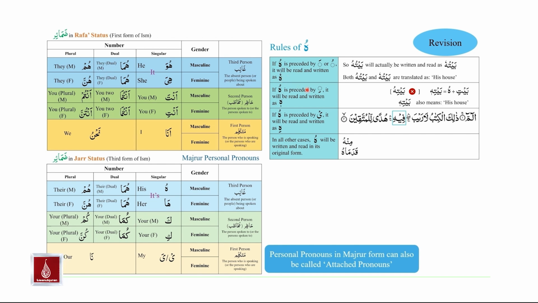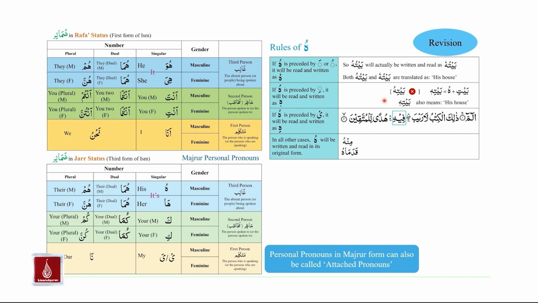For example, baytuhu. It is written in this form because it is preceded by ta with pesh on it. If hu is preceded by zair, it will be read and written as hi, meaning that we will have the alphabet ha and there will be a vertical zair underneath it.